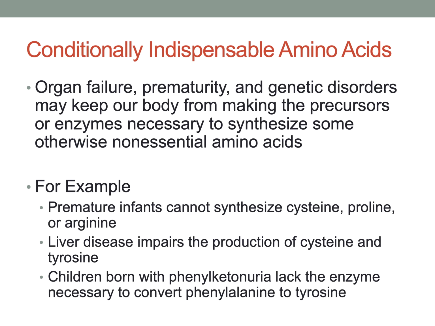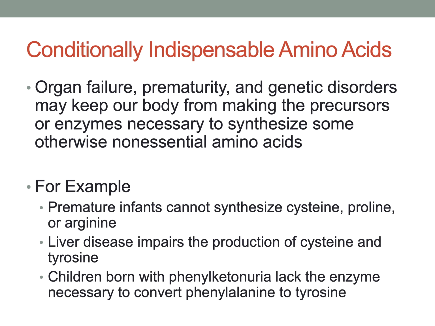These can all keep our body from making the precursors or the enzymes necessary to synthesize some otherwise non-essential amino acid. So for example, premature infants, because their organs are not very well developed, cannot synthesize cysteine, proline, or arginine. Liver disease impairs the production of cysteine and tyrosine.